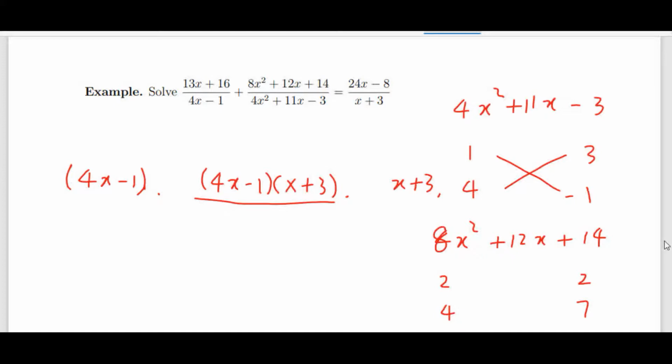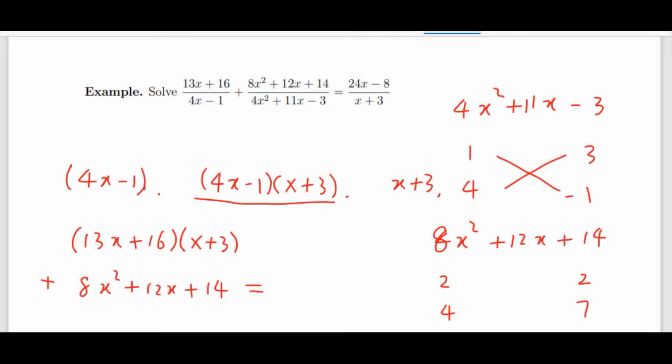First term, multiply this, so this becomes 13x plus 16 multiplied by x plus 3, right? Plus the second term, cancel this, just keep ax squared plus 12x plus 14.